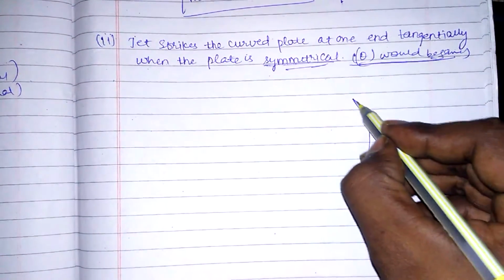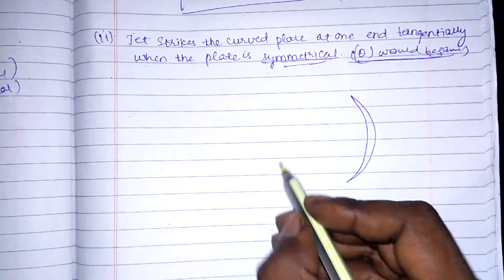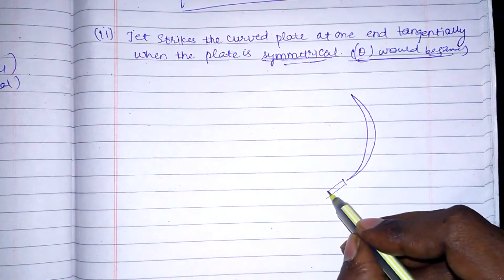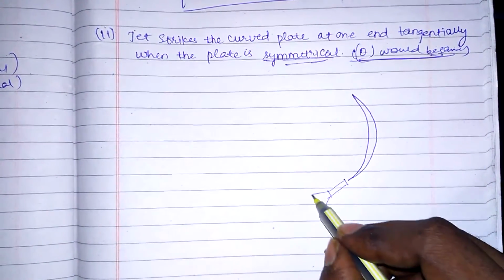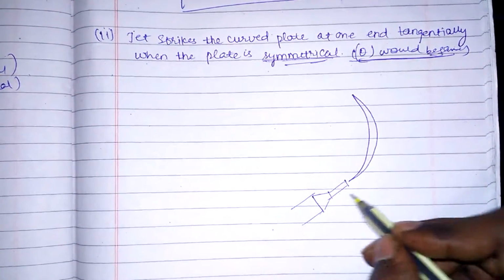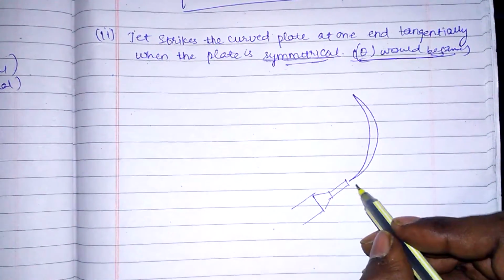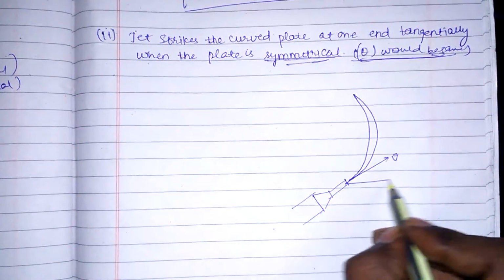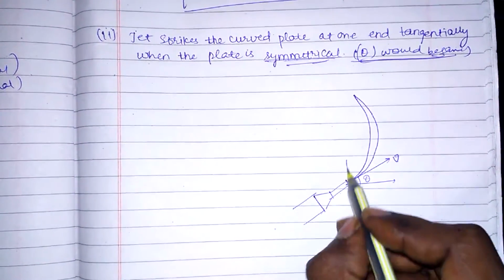So this is a curved plate. It would be struck tangentially. When it strikes, the velocity v would be in this direction at an angle theta with the horizontal.